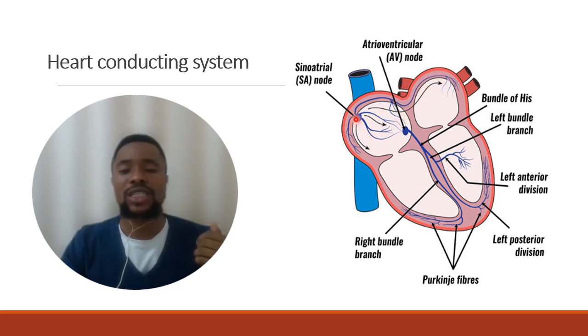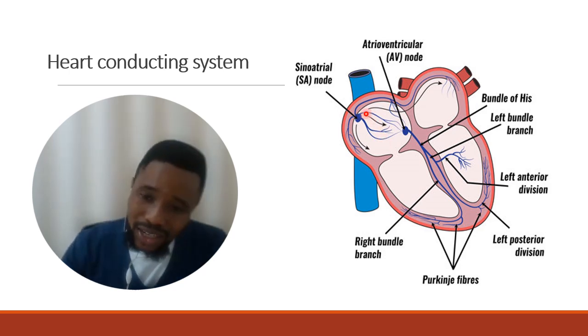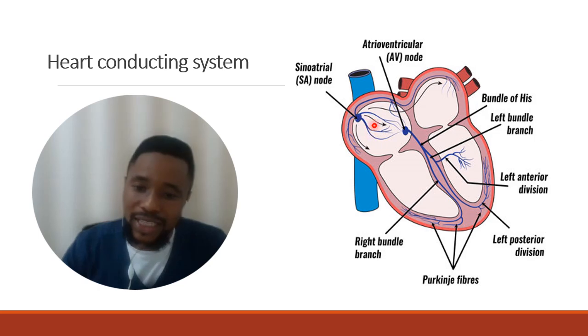Now in between the SA node and the AV node, the AV node is located below the septum, the interatrial septum, very close to the tricuspid valve, also close to the right side. This is the right side of the heart. Now it has what we call internodal fibers. There are about 3 of them: the medial, the lateral, and the posterior.